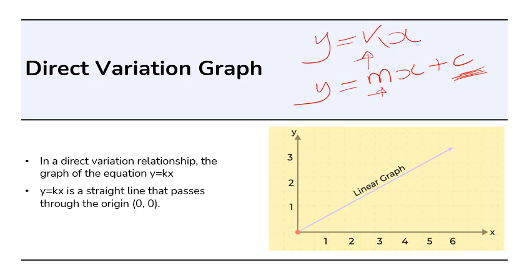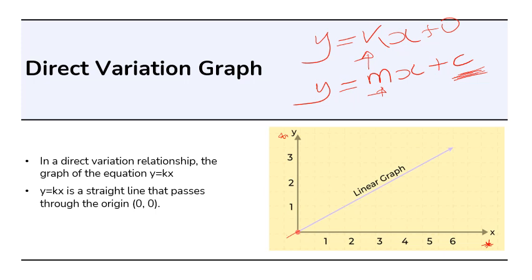For a direct variation relationship, this c is 0. The line goes through the origin. So if the line goes through the origin, it means that y and x are directly related. But if the line does not go through there, things are different.